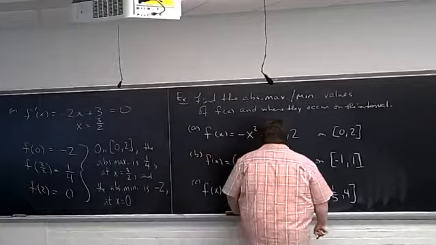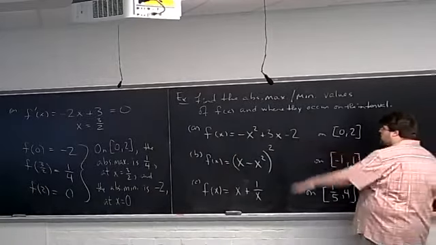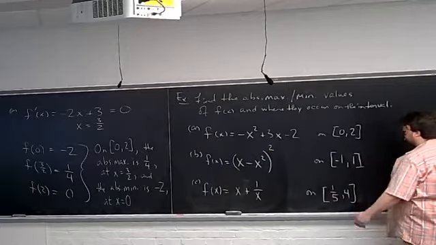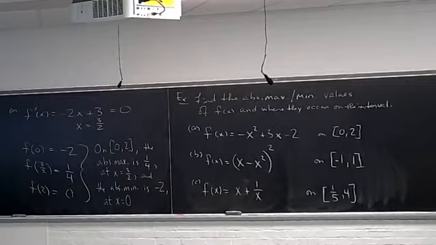So the question says, find the values and where they occur. The values are the actual largest and smallest, and where they occur, these points occur at x values. Any questions about that first example?